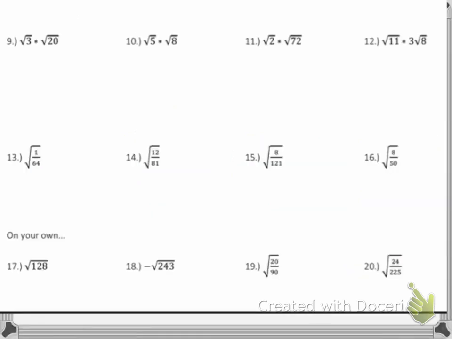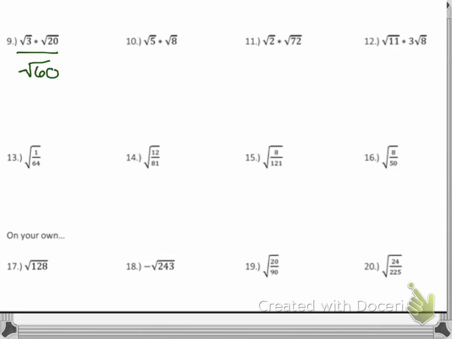So in number 9, it looks a little different just because we have 2 radicals that are multiplying. Again, there's multiple ways of looking at this. What we could do is multiply the 3 and the 20, and I would get root 60. Now, the highest perfect square that goes into 60, let's see, I want to say it's 4.